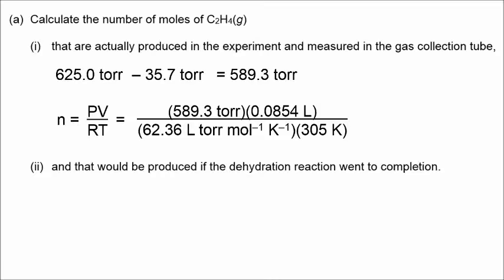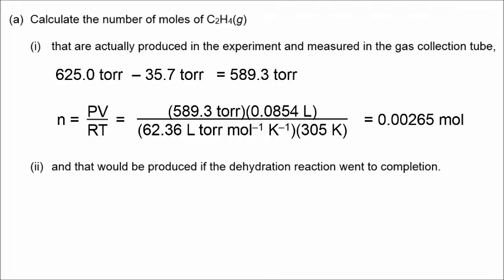We convert that to Kelvin and we get 305 Kelvin. And then we're using the gas constant, which has units of torr. So we plug all that into the equation, solve for the number of moles, and we get 0.00265 moles of ethene actually produced.